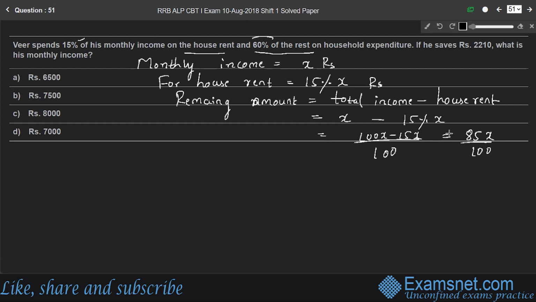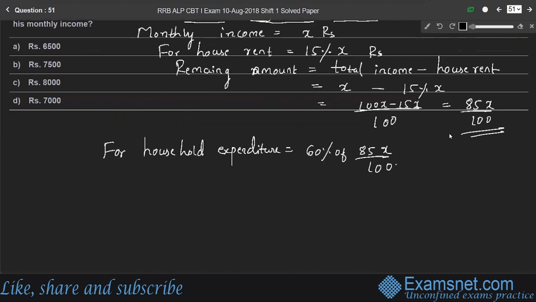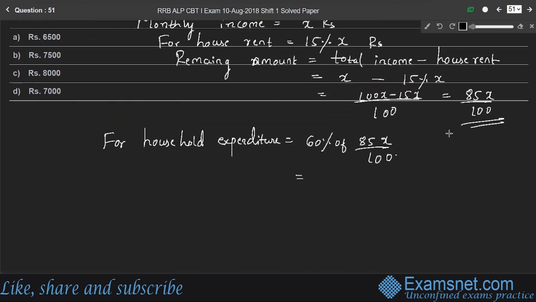So now in that, 60% of the remaining amount is for household expenditure, right? So he spends 60% of this remaining amount, which is 85x by 100. So what is his expenditure now? 60% of 85x by 100, that means 60 by 100 into 85x by 100.